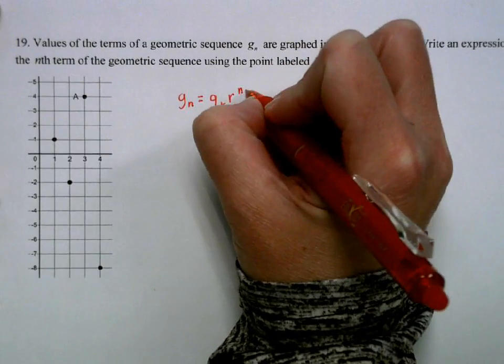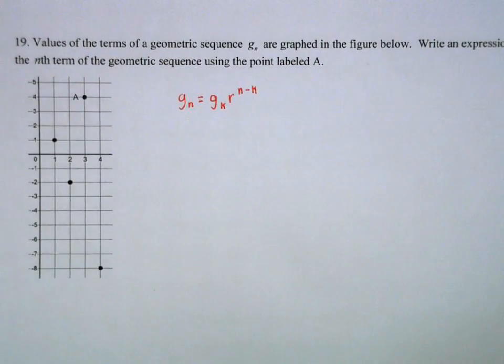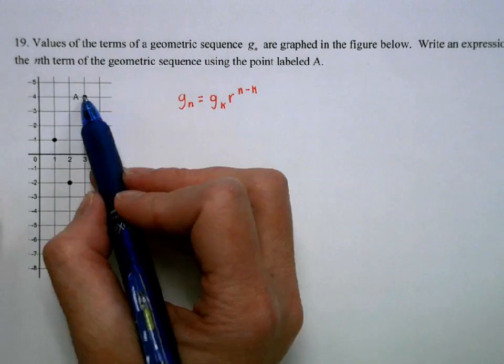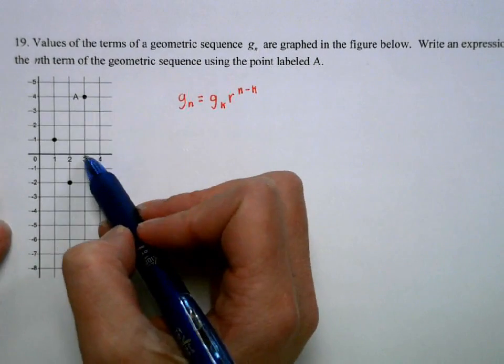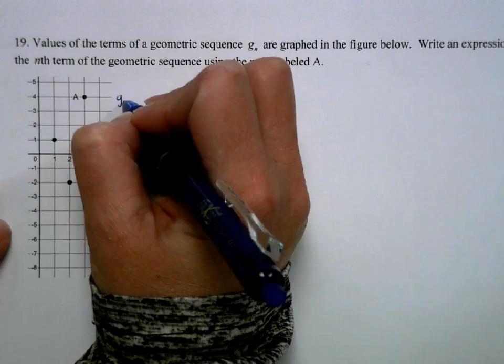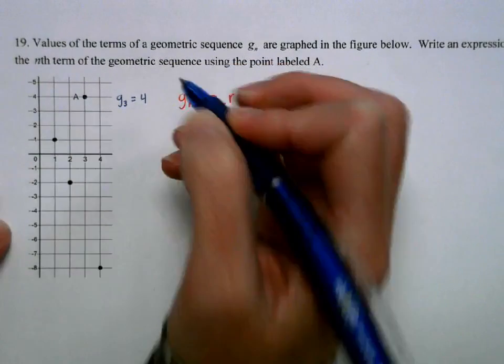So for this, we need to find out what our kth term is. So here we want to center it at this point. So that's g of 3 equals 4. So 3 is my input, that's going to be the k. My 4 is the output, that's going to be your g_k.